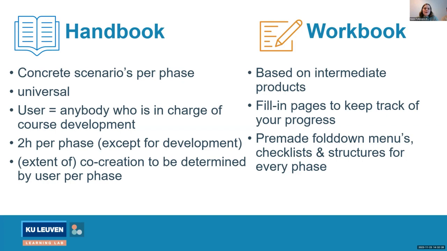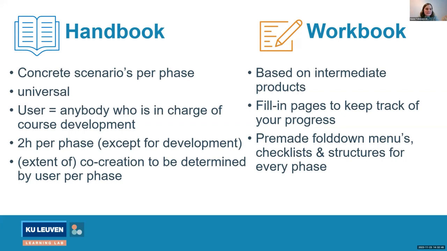To make this possible, we have created a document with checklists, fold-down menus, and structured content, to really make it easy to keep track of everything. So those are the two extra products that go along with the framework.